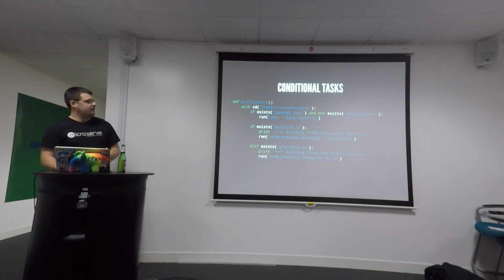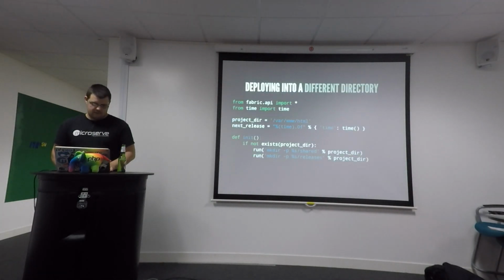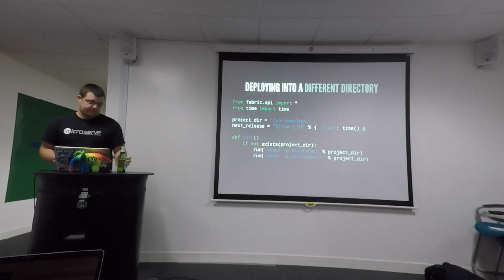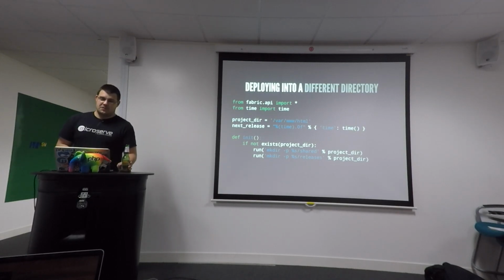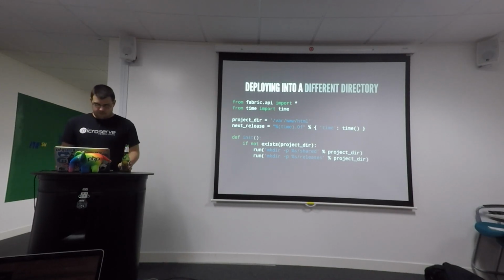Mm-hmm. So this is something I'm trying to do with, let's see, where are we? Yeah, this type of approach is quite good for this, so maybe I could go into a bit more detail. We've got one version, which is maybe our current live version. We know that's obviously working.